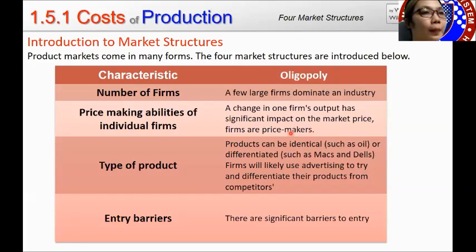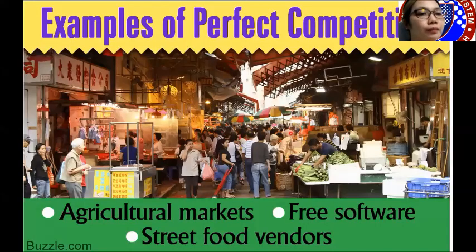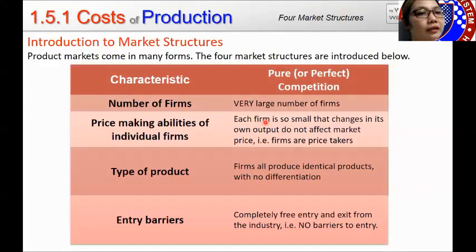In perfect competition, the buyer may say, can we make the chicken 100 pesos for 1 kilo, and the seller may take the price of the buyer.